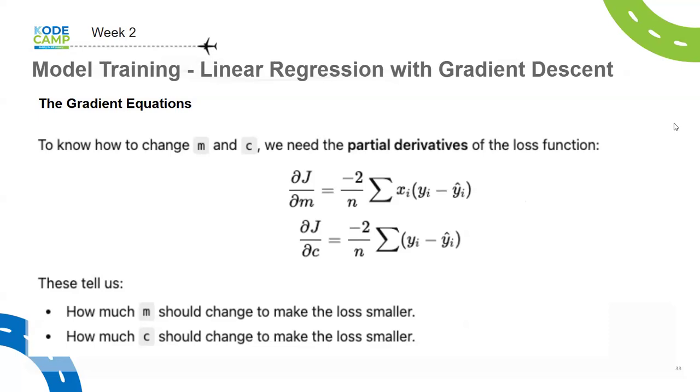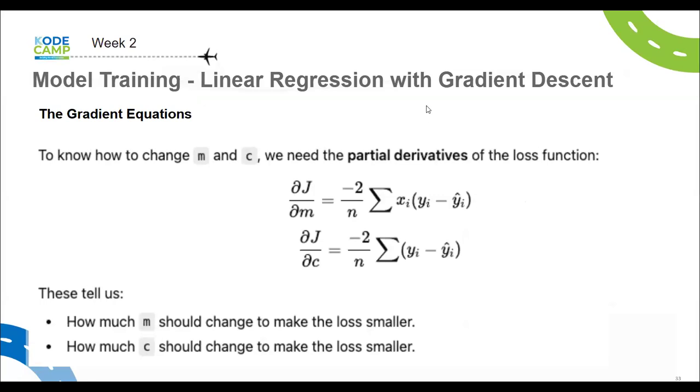You remember that our cost function is the mean square error: y minus y hat, squared. You sum it and then divide by n.